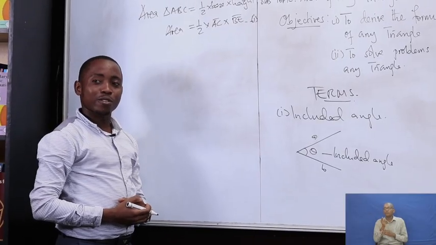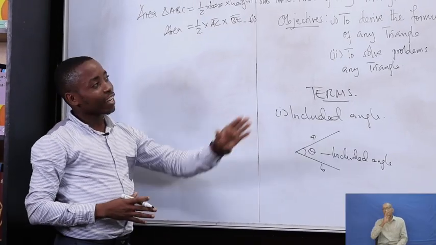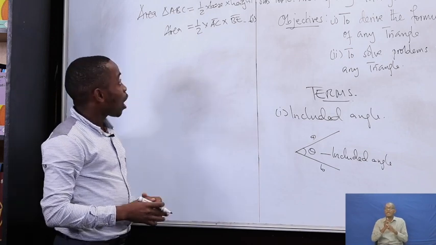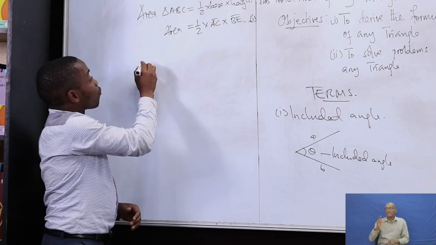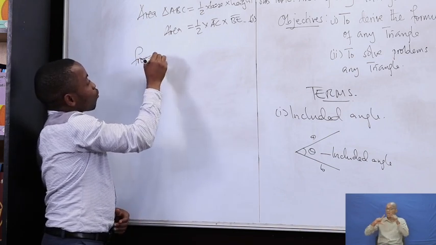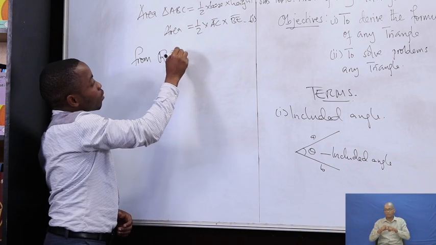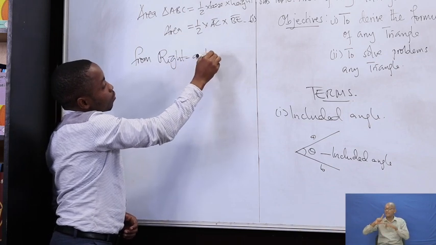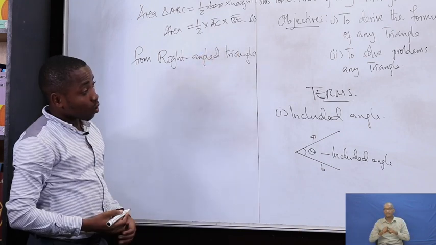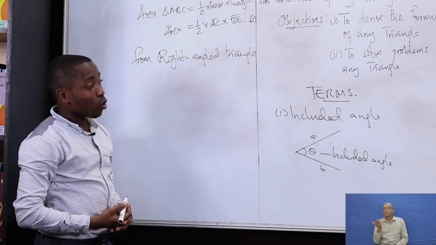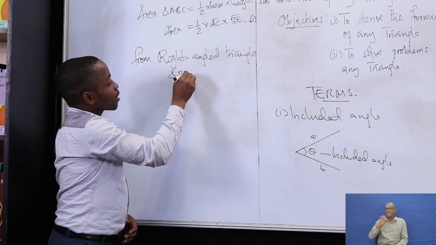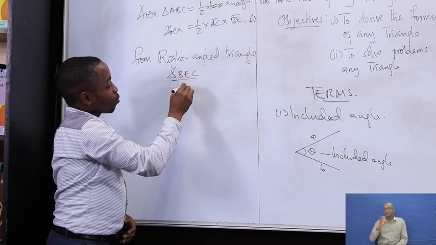Here we are going to use the second concept of right-angled triangle that we have discussed. How are we going to use it? From the right-angled triangle, take the small triangle BEC.